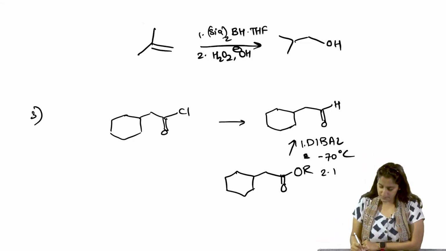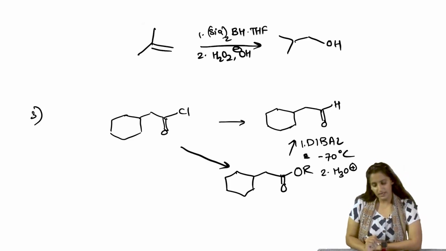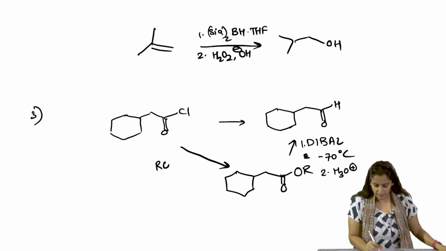So, that is the first step. Second step is hydrolysis, and that is how we form esters to aldehydes. Now, from acid chlorides to esters, we know ways to form that. We can just simply react it with ROH and pyridine.